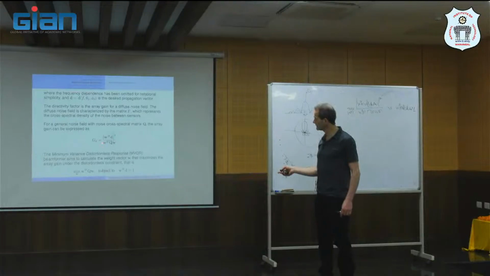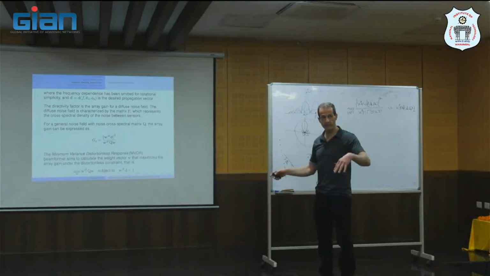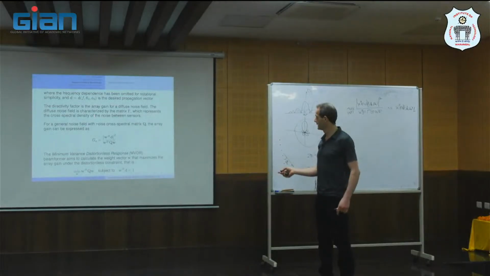So it minimizes the denominator, minimizes the average gain for the noise, and we have distortionless response. So this numerator is constant, independent of frequency. The solution to this problem is called the minimum variance distortionless response beamformer.